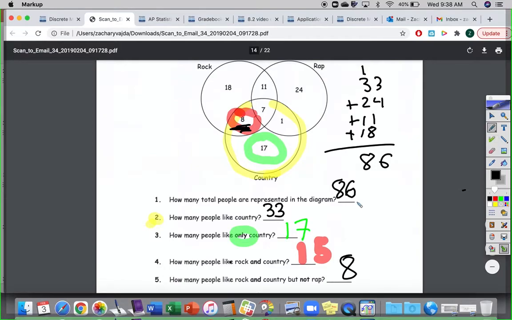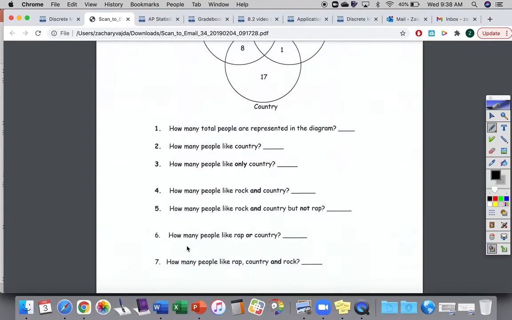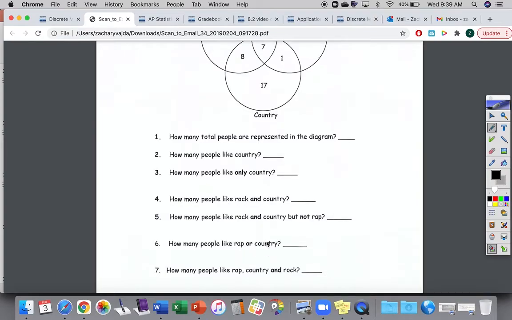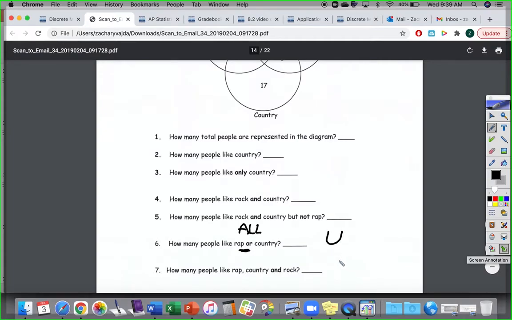A couple more, and the video will be over. How many people like rap or country? Or. This is the hardest part of these because people hate seeing or and thinking it means all. Remember, rap or country is the same as union, unite, take them all.